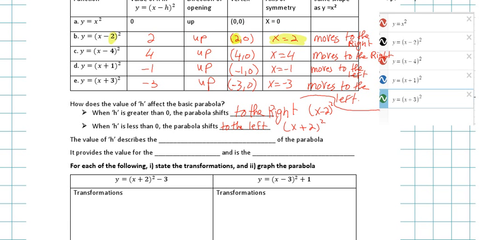So the value of h describes the horizontal translation, or the horizontal shift. So does it go right or left?